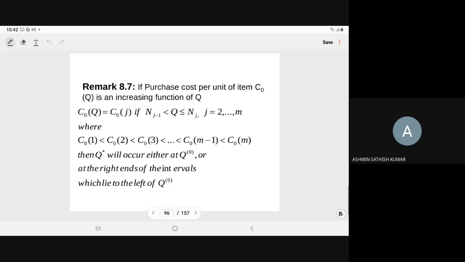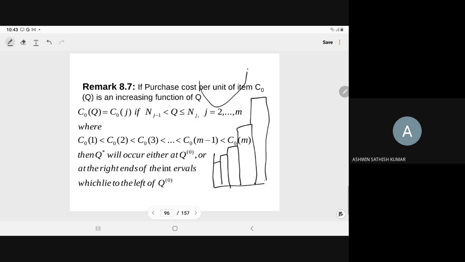But if you want to purchase 5 cylinders, you have to pay more. If you want to purchase 15 gas cylinders, for example for a marriage, the unit price will increase. So instead of the price discount, now the price is increasing. As we purchase more items, the price may increase, but FQ will be the same. At that time, what will be the Q star?